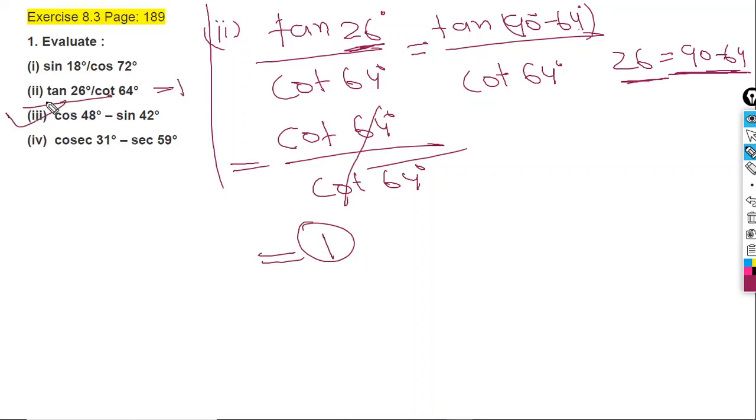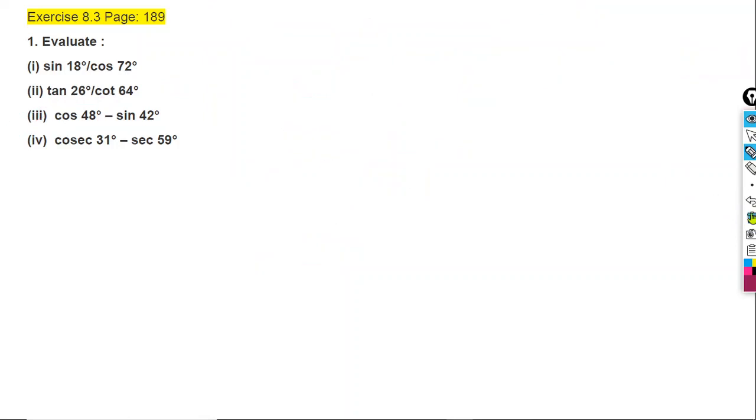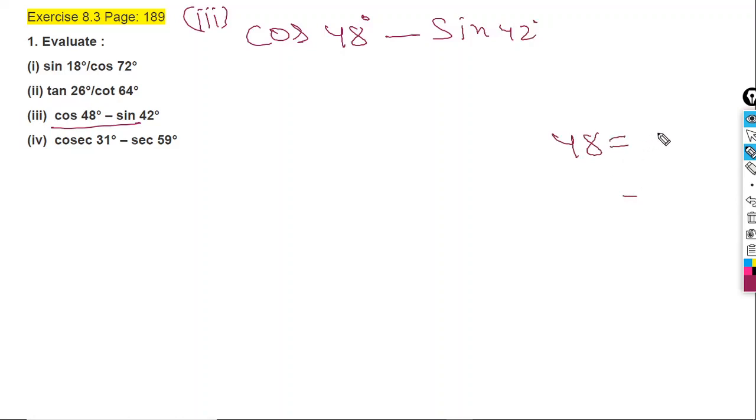Now we will move to (iii). Let's write the question: cos 48 degree minus sin 42 degree. Here again you see 48 is equal to 90 minus 42, isn't it? So instead of 48 we will write 90 minus 42.